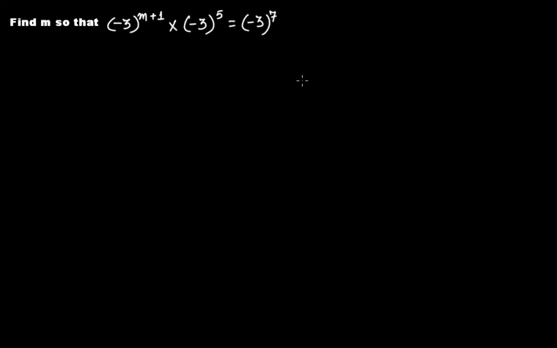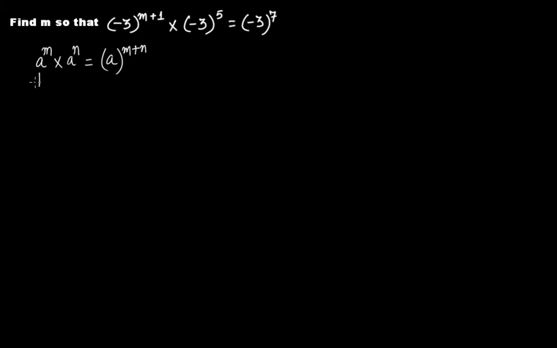Okay, so this is minus 3 and it has some exponents, and this is also minus 3. It also has an exponent. So it is basically of the form a^m multiplied by a^n, and that is equal to a^(m+n), right?